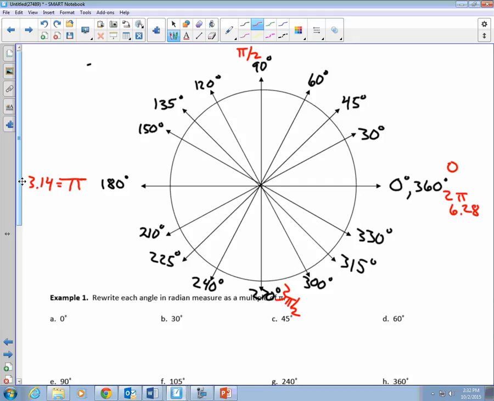Let's count again. What's half of pi over 2? Pi over 4. If I take half of a pizza and I divide that half of a pizza in half again, how much pizza do I have? A fourth. So half of pi over 2 is pi over 4.